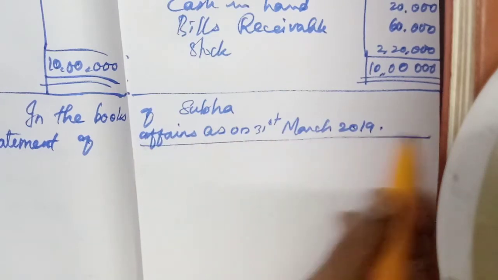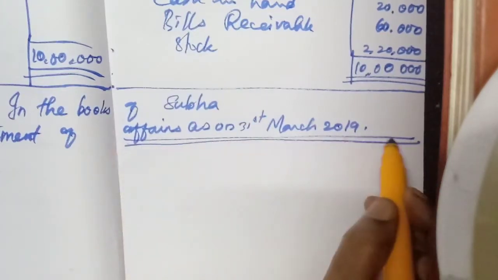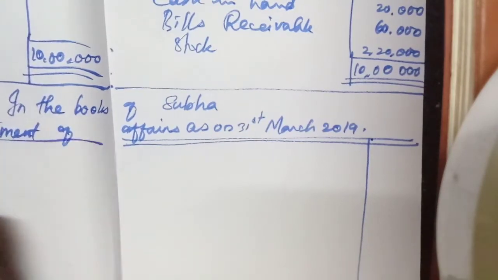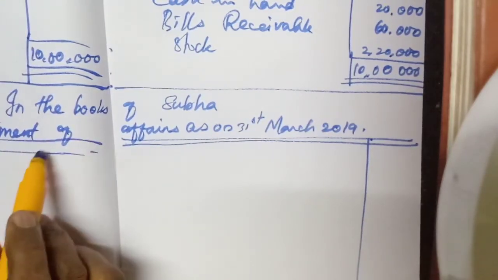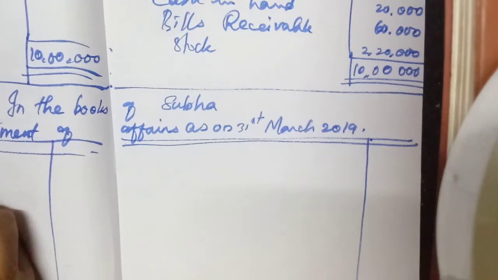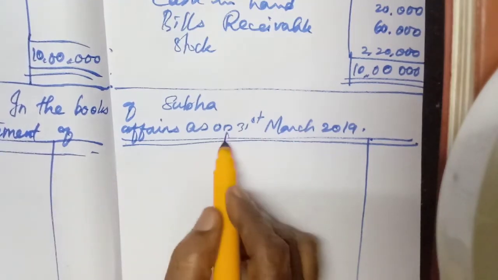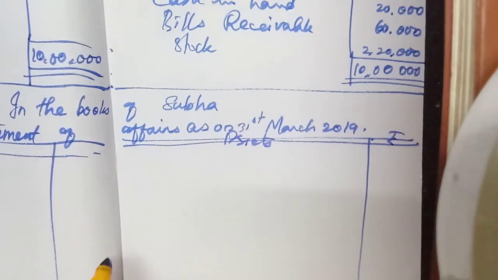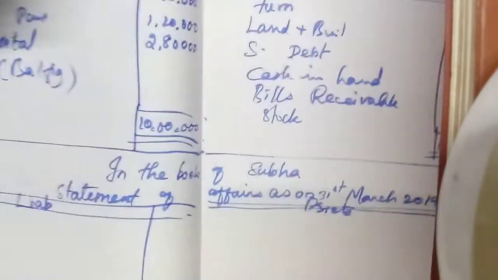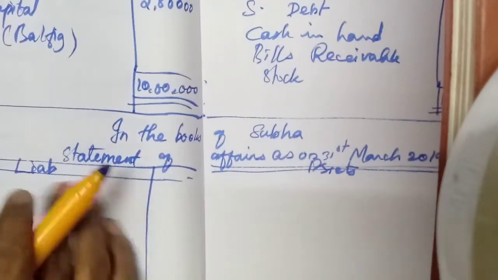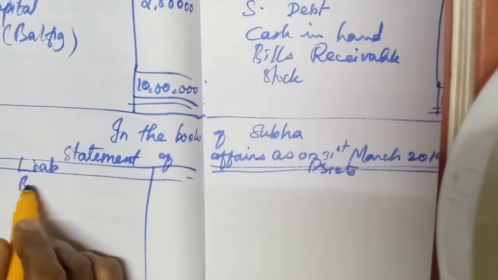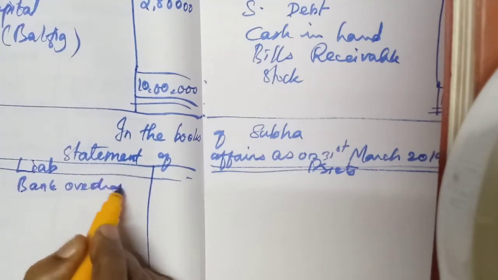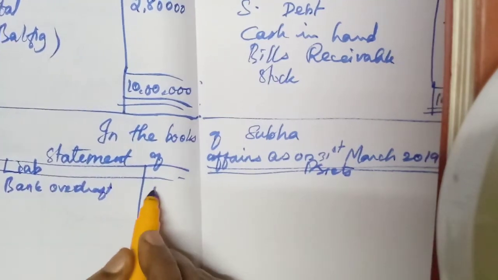Okay, draw. Liabilities, assets, rupees. First one, bank overdraft. Bank overdraft is a liability. 50,000.